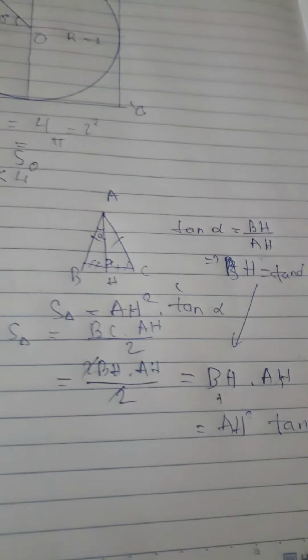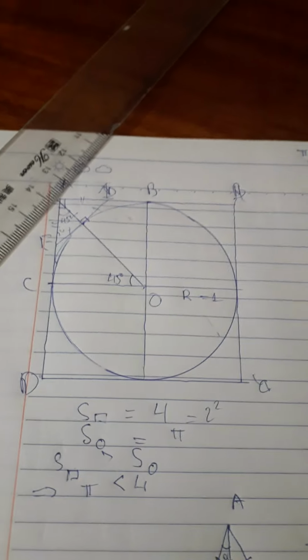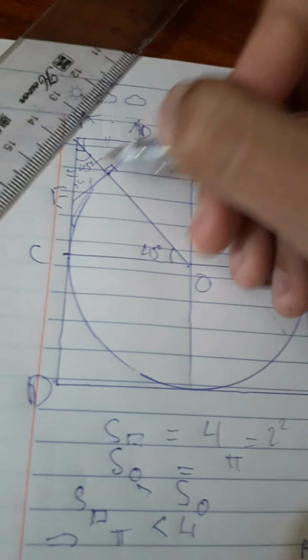So we plug that in, and we get AH squared multiplied by the tangent of alpha, and this is true for every isosceles triangle, right? So we have this here, and now we're just gonna use the formula.